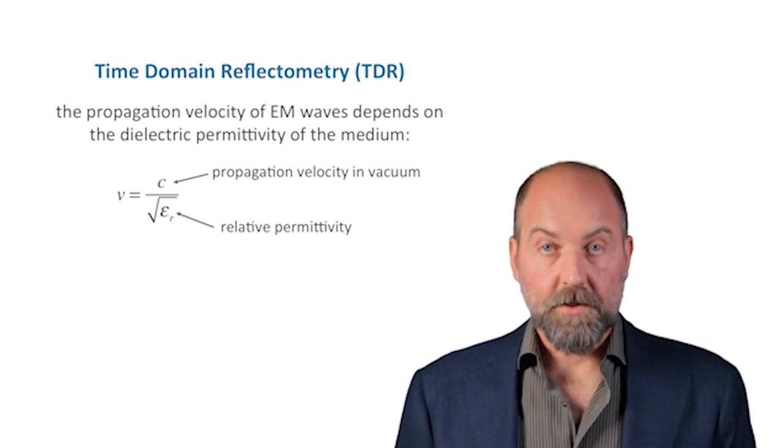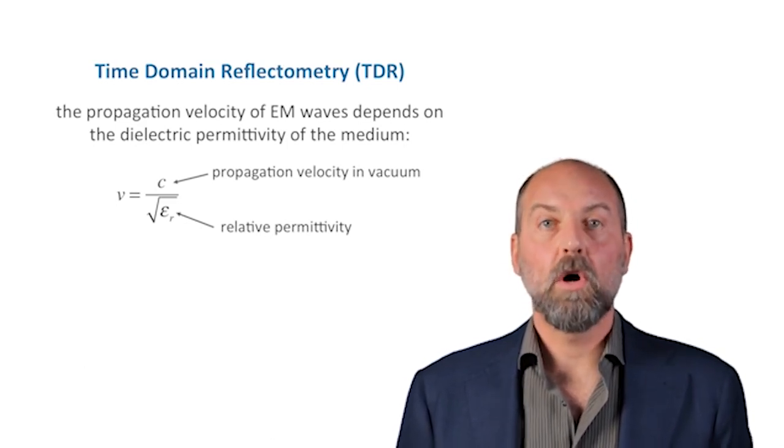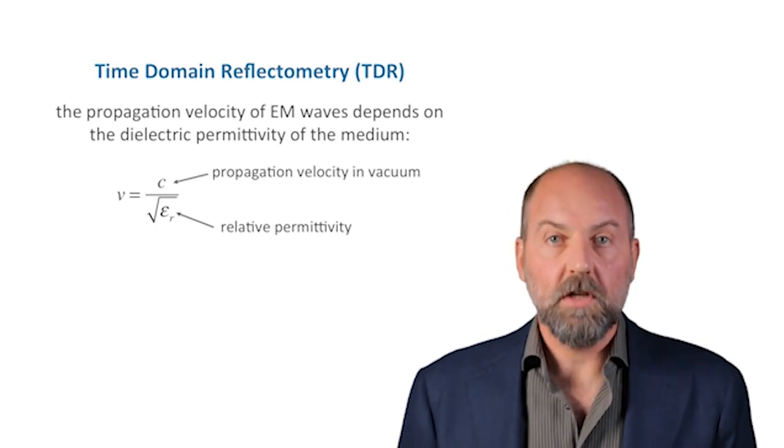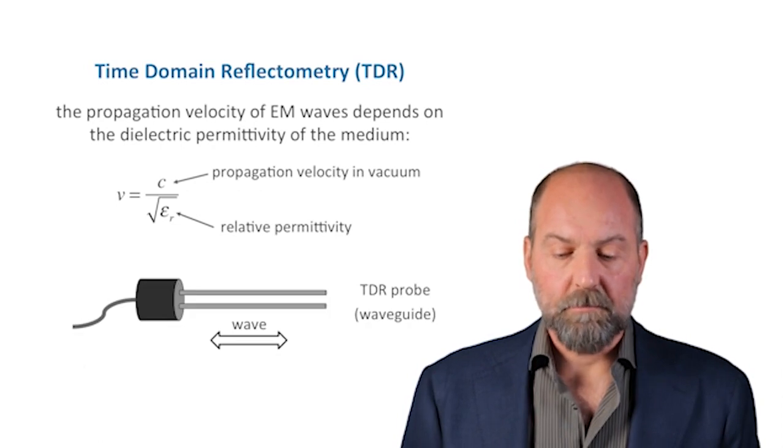So, based on that, if we want to measure the dielectric permittivity, all we need to do is measure the propagation velocity of a given wave in the system.